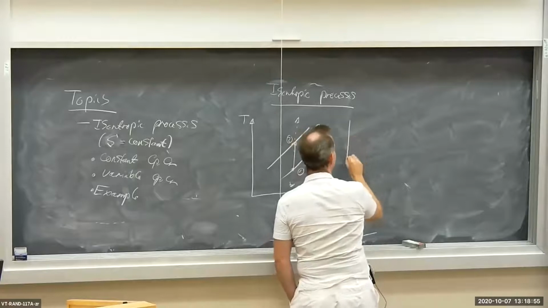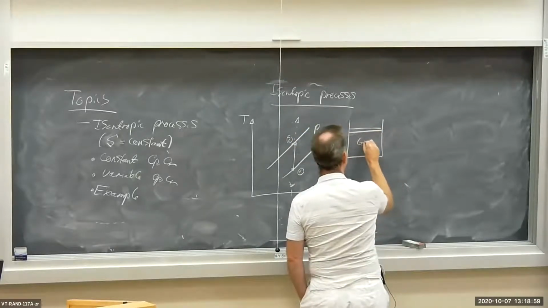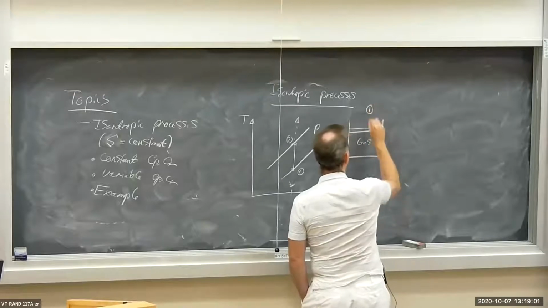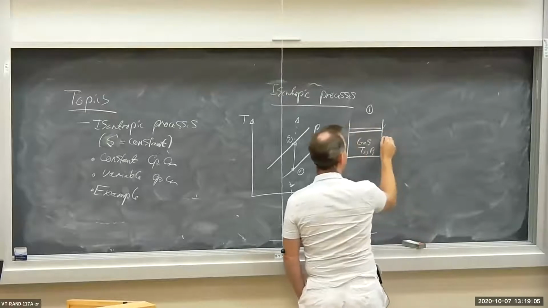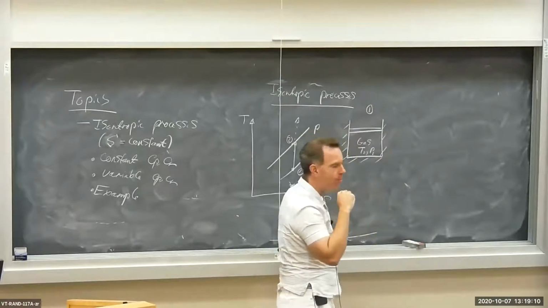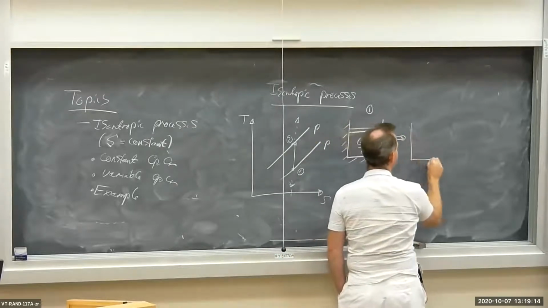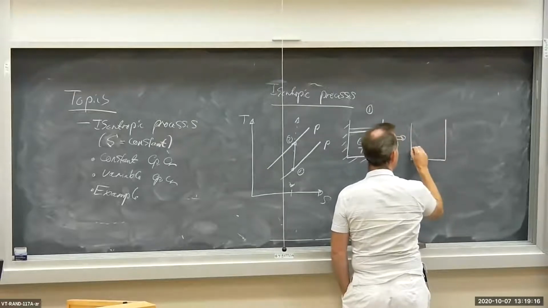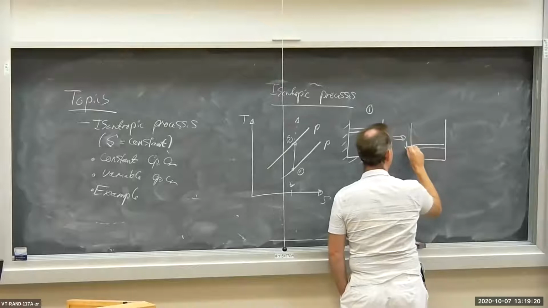So this would be a piston cylinder device containing some kind of gas, state 1, at a temperature T1 and P1. And then let's say it's an adiabatic process here. We wrap some insulation around it. And let's compress the piston down, raising the pressure, raising the temperature. So the piston goes downwards.